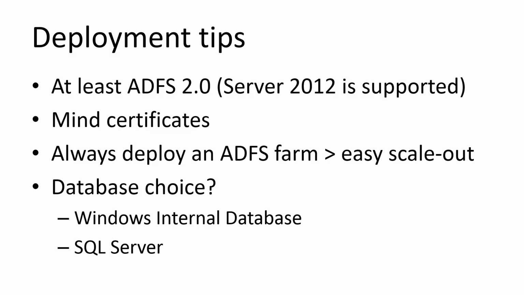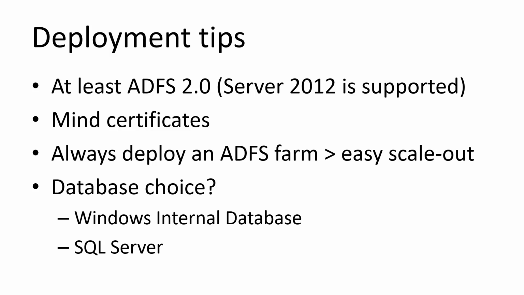If that server were to crash or become otherwise unavailable, the only way to recover the farm from a configuration point of view is to restore the internal database from that server to that primary server. So you'd better make sure that you have a consistent backup of that primary federation server.